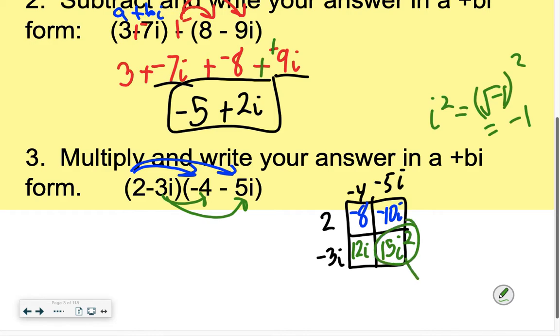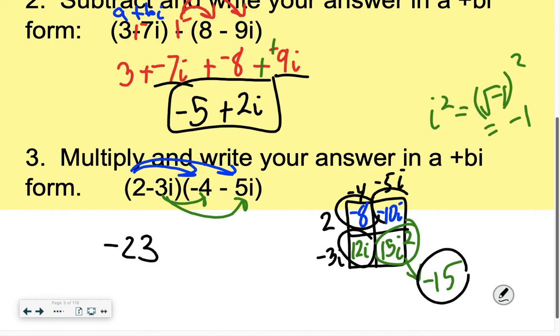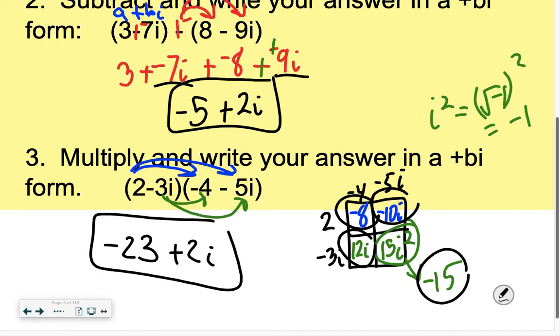So 15i squared becomes negative 15. And then you just combine the like terms. Negative 8 and negative 15 combine to negative 23. That's the real part. 12i and negative 10i combine to 2i, a positive 2i, and we always put real part plus imaginary part in that order.